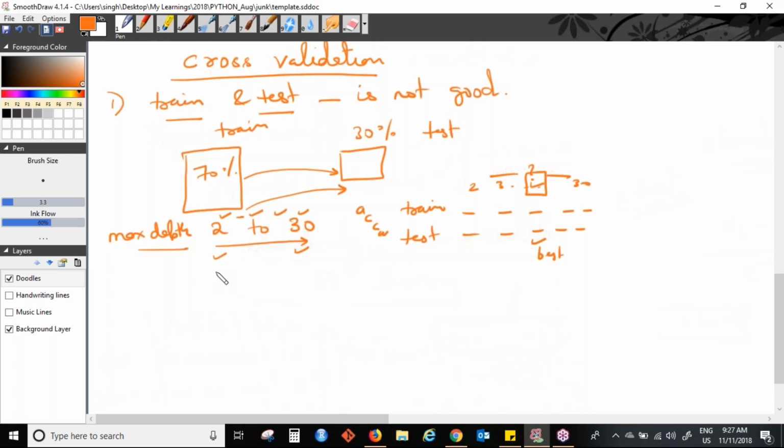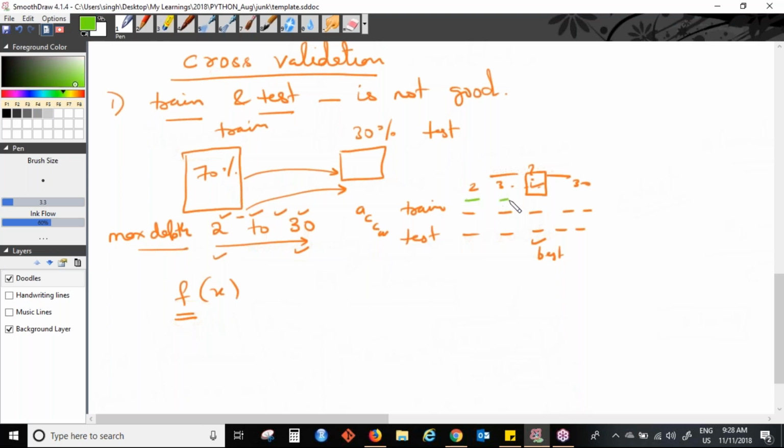My final model can have only one max depth, it cannot have 10 different max depths. You can only build one function f of x. You cannot build 10 functions, you just have one function. So one function means it should have only one value of max depth. But to find out that best value of max depth, you will have to do these iterations.